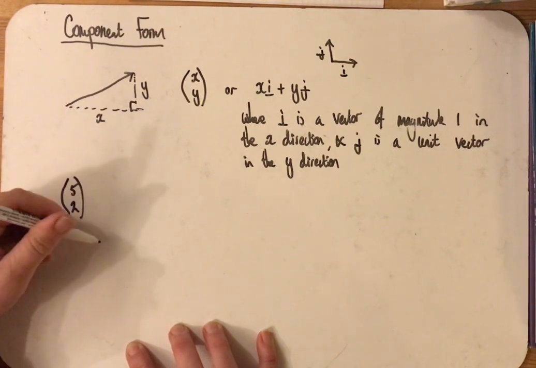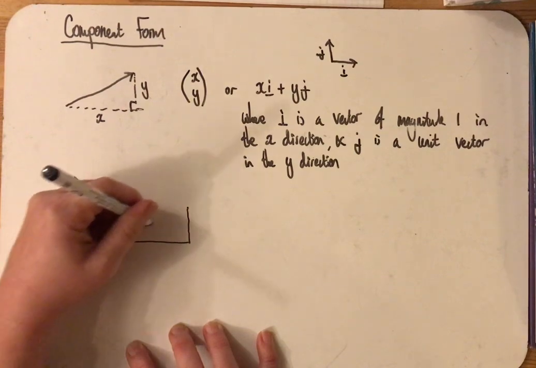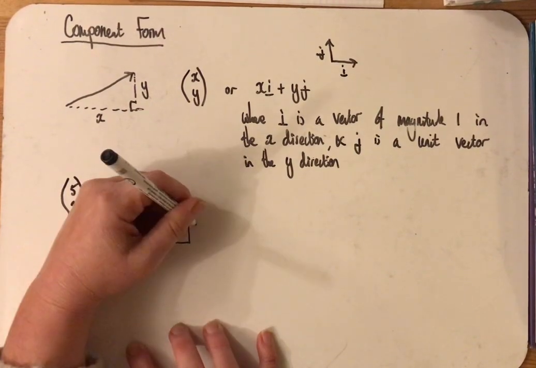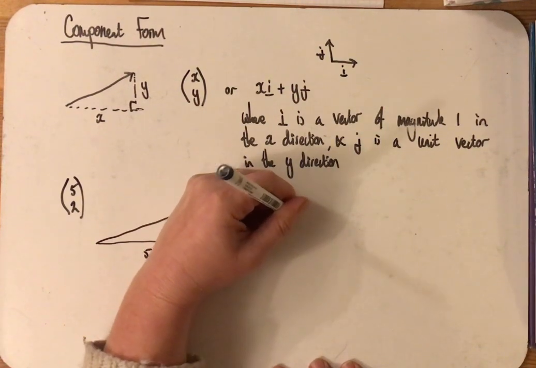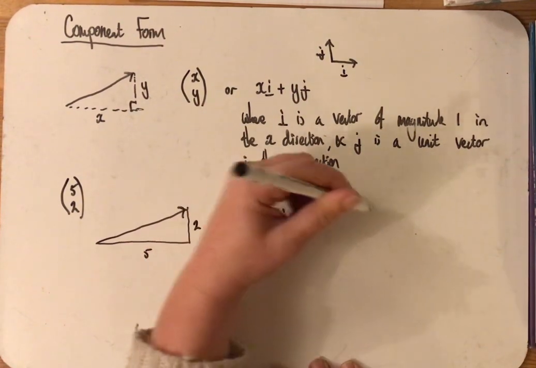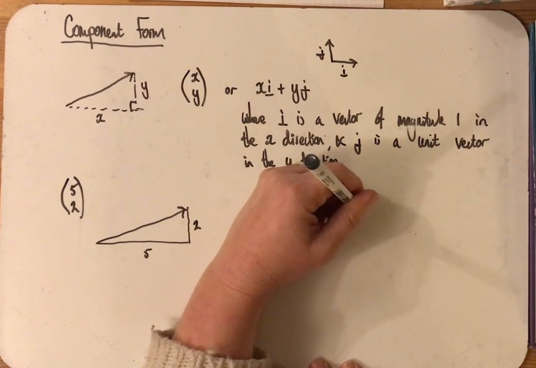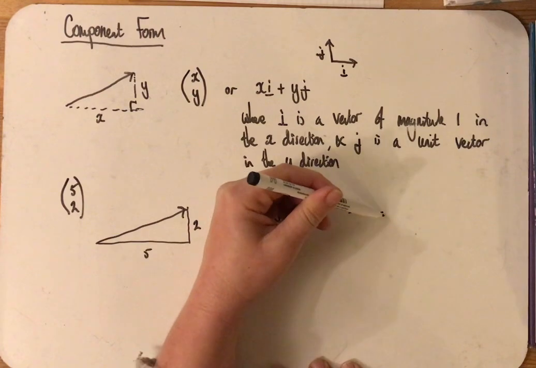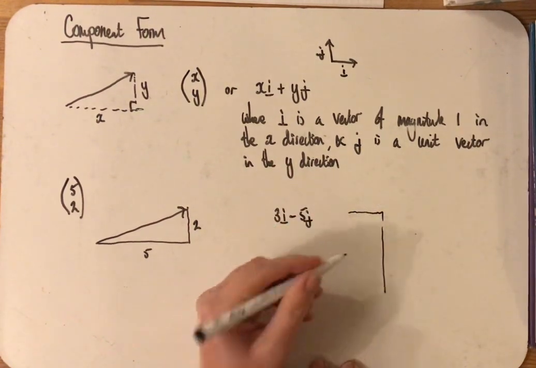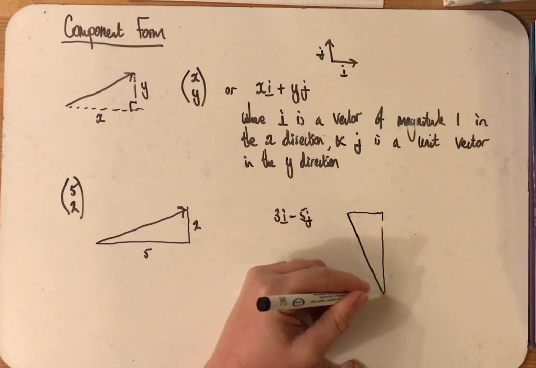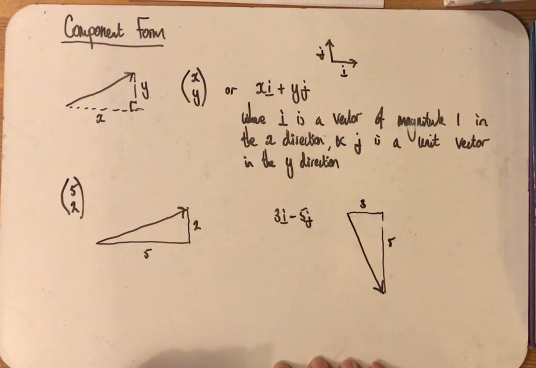For example, 5, 2: we just go along 5, up 2, and there's the vector. If you had 3i minus 5j, then you go 3 lots of this unit vector in the positive x direction, and then you take away 5 lots of this unit vector in the y direction, and you end up with this vector here. So we've gone along 3, down 5.